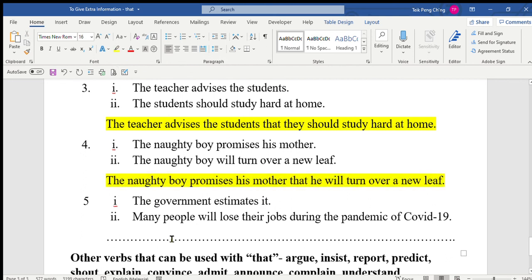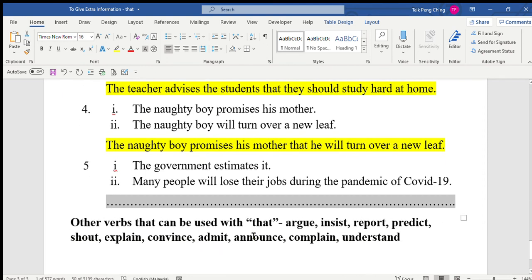And the last one, the government estimates it. So it here refers to what? It here refers to many people will lose their jobs during the pandemic of COVID-19. So this is how we should write the sentence.